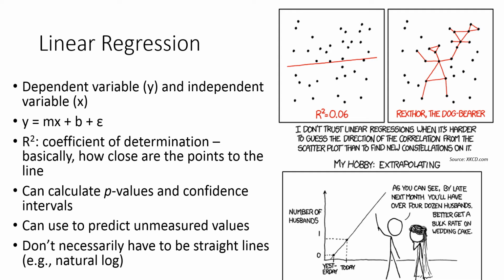In the case of linear regressions, your R squared is the coefficient of determination. It's really just saying, how close are the individual points in my data set to the line? You can calculate p-values and confidence intervals from a linear regression.